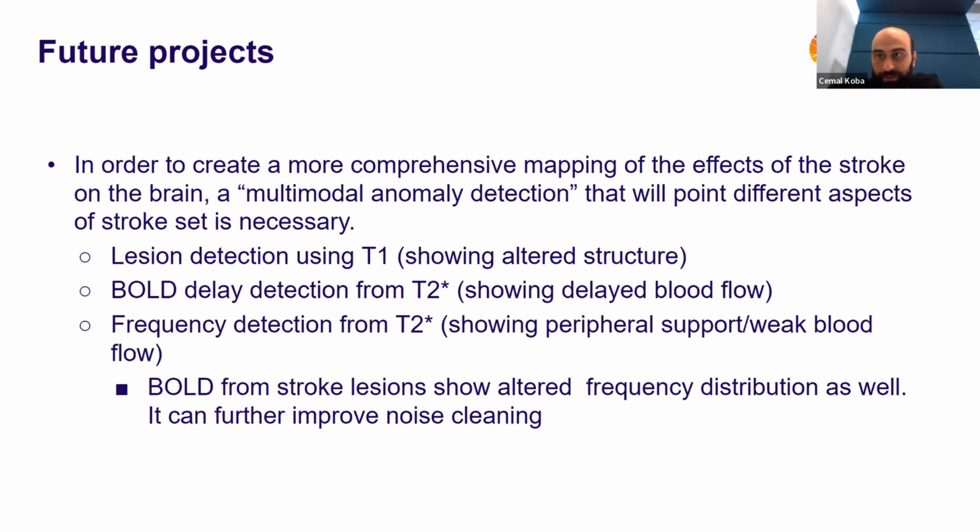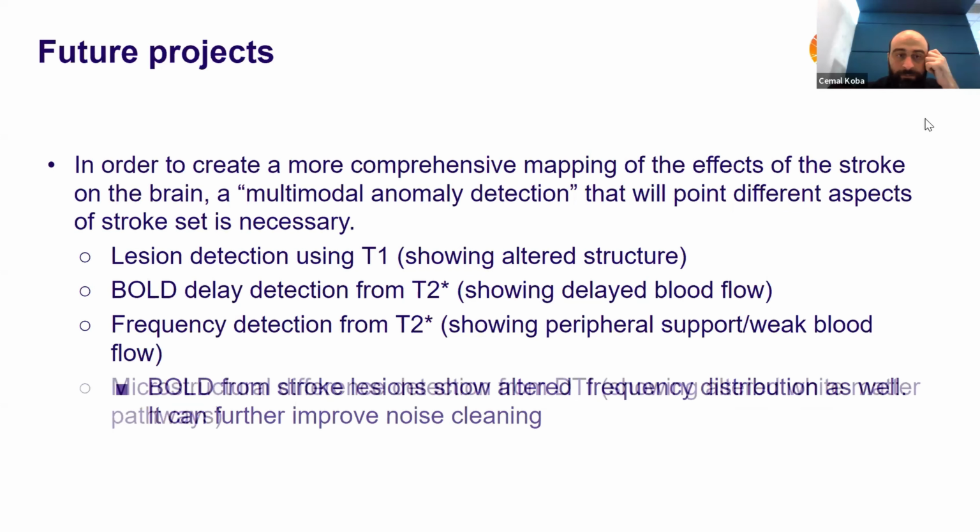And I believe this is related to either weak blood flow to the area or peripheral support that just causes slow oscillations. And I would like to work on it and also show the frequency anomalies. And if we can fix it somehow, as we did for the temporal domain, I think it can further improve the signal.